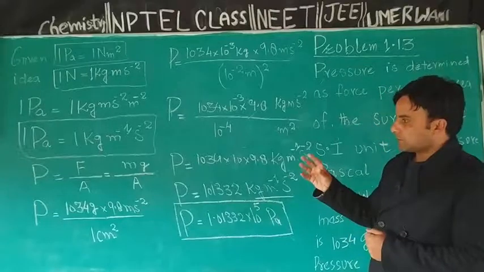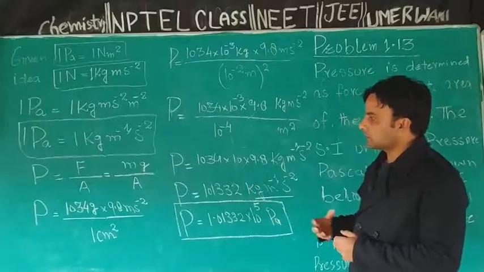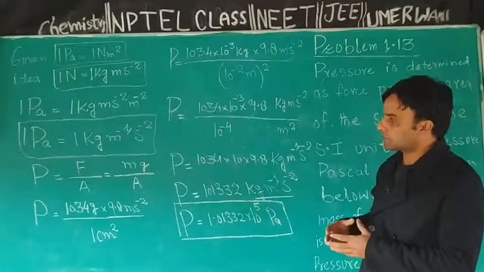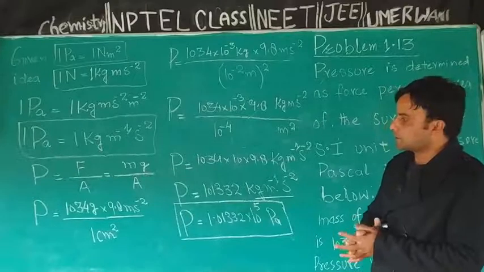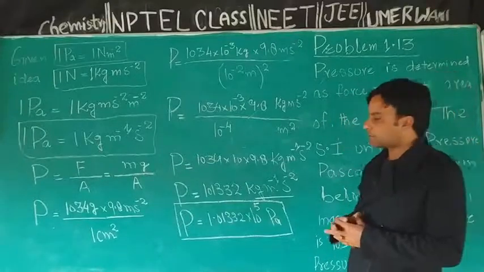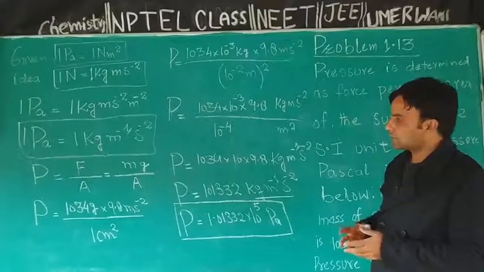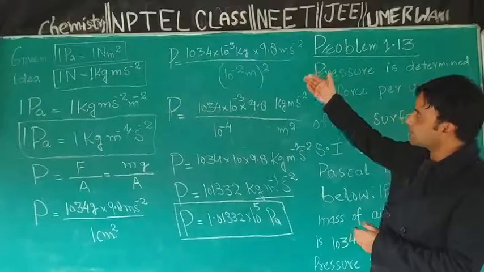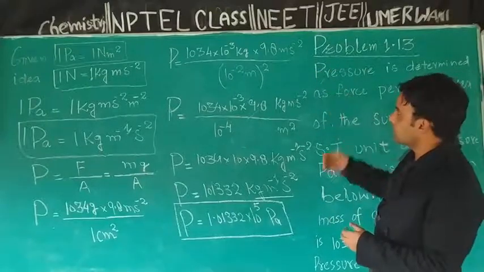But some of the units were in the CGS system and some were in the SI system. For mass, the unit was in CGS system, for area, the unit was in CGS system, but for acceleration due to gravity, the unit was in SI system. So I expressed all the quantities in SI units. Therefore I first converted gram into kilogram and centimeter square into meter square.